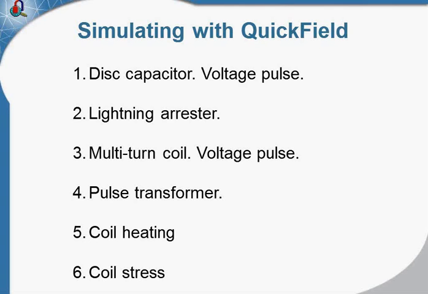The third case is the multi-turn coil, and the voltage pulse is applied to the coil and the current is calculated. Then we will review the pulse transformer and 2 additional problems: the coil heating by the pulse current and the mechanical stress in the coil.